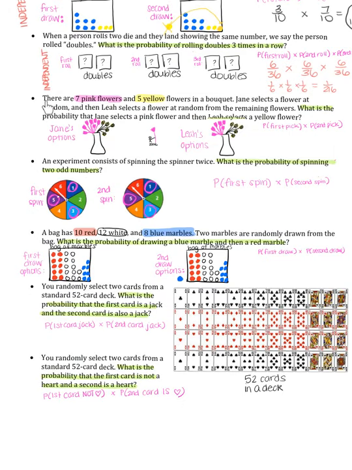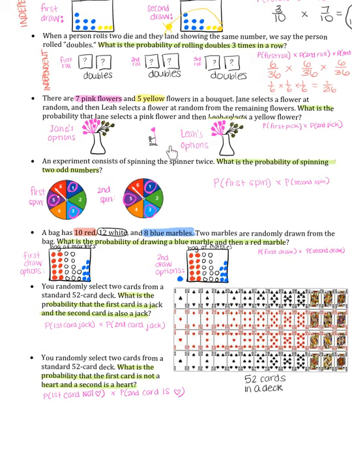In this next example, there are 7 pink flowers and 5 yellow flowers in a bouquet. Jane selects a flower at random, and then Leah selects a flower at random from the remaining flowers. What is the probability that Jane selects a pink flower and then Leah selects a yellow flower?